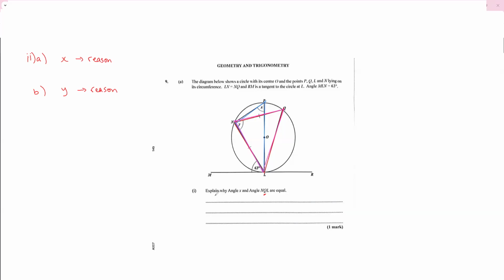So angles X. If I had to name it, I'm just going to name the points that surround it.